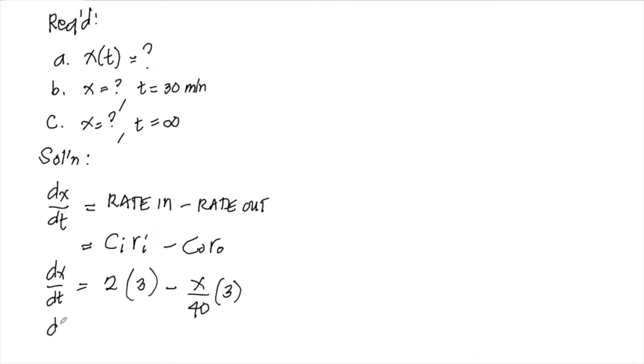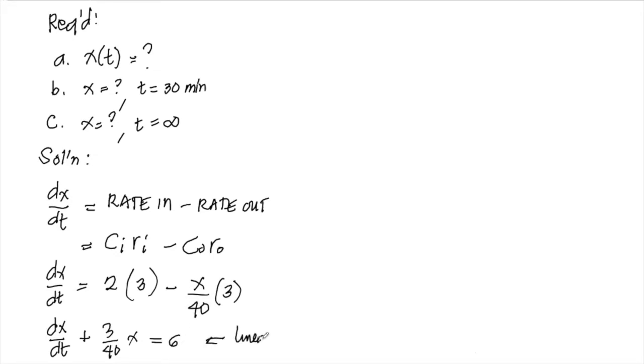Para maging standard form siya, dx over dt, transposing this to the left side will become positive 3 over 40 times x, linear siya in x, equal to this right side of the equation, which is 2 times 3 is 6. This is now our linear equation.